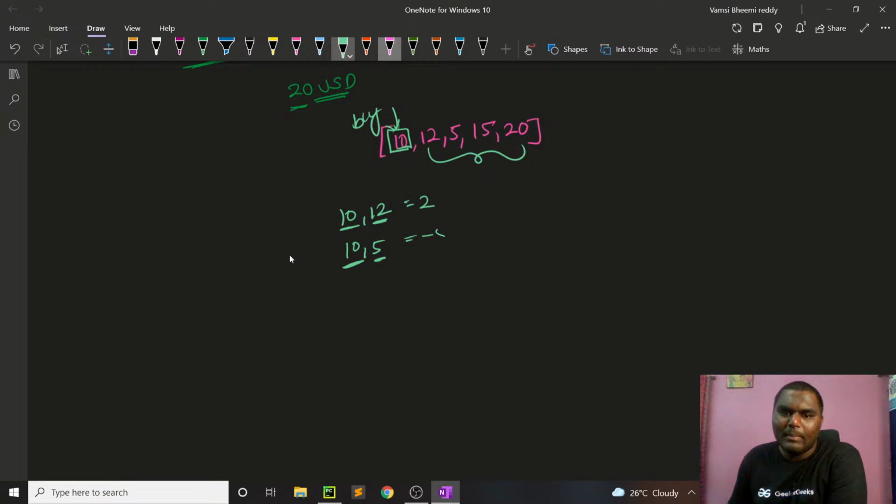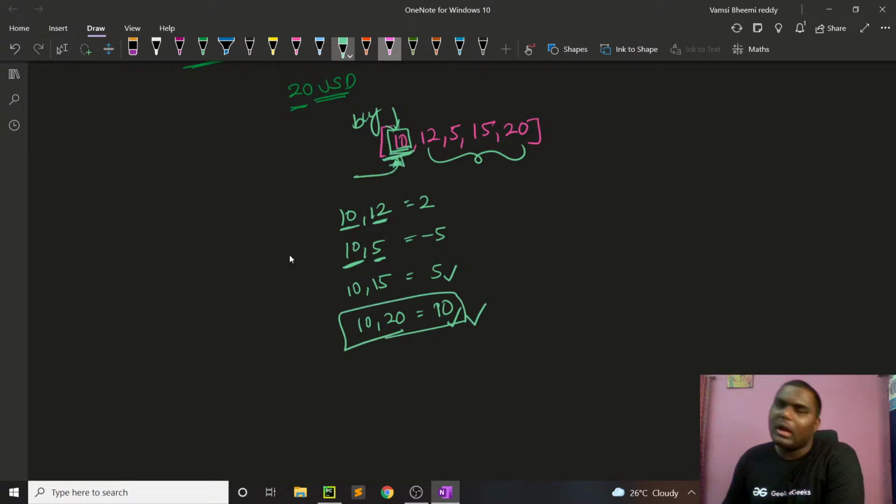I will be going into loss. Now if I buy at 10 and sell at 15, again it's a 5 profit. If I buy at 10 and sell at 20, then it's a 10 profit. So this is the maximum profit that I can make if I buy at the stock price of 10.